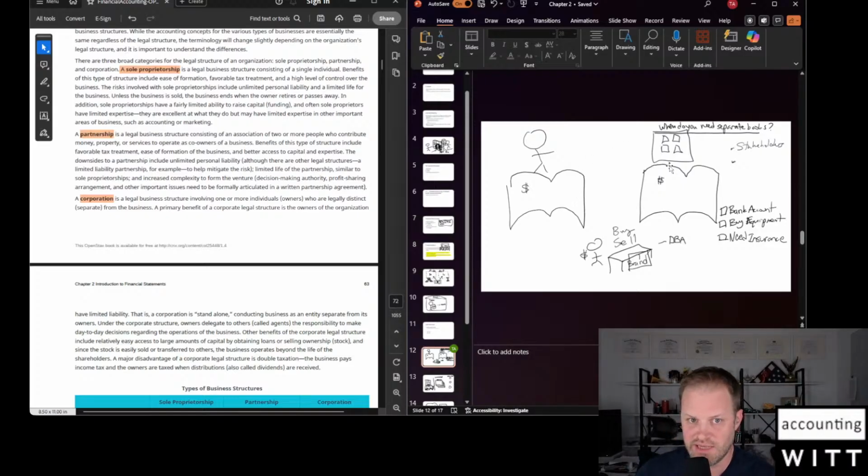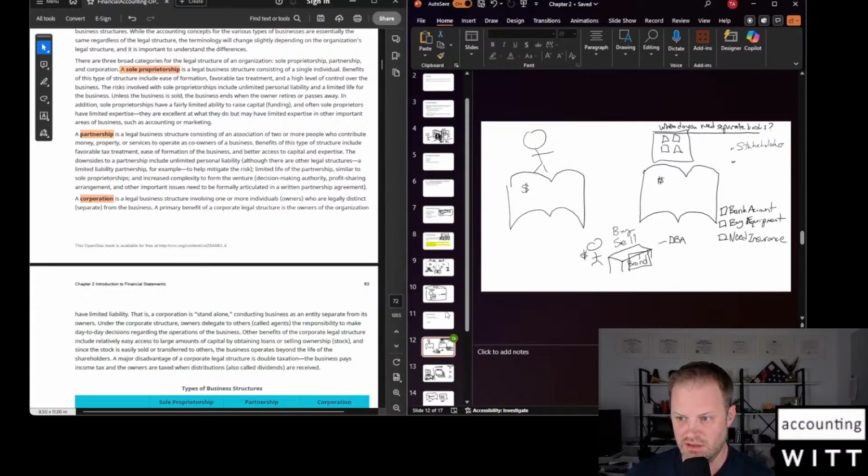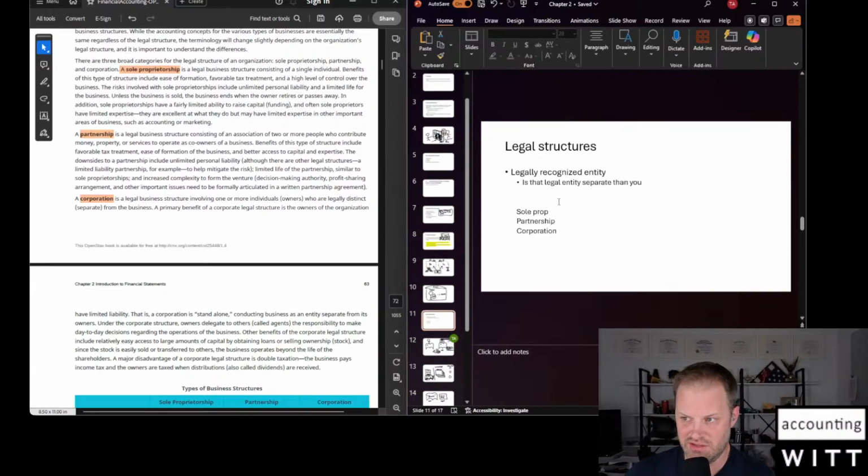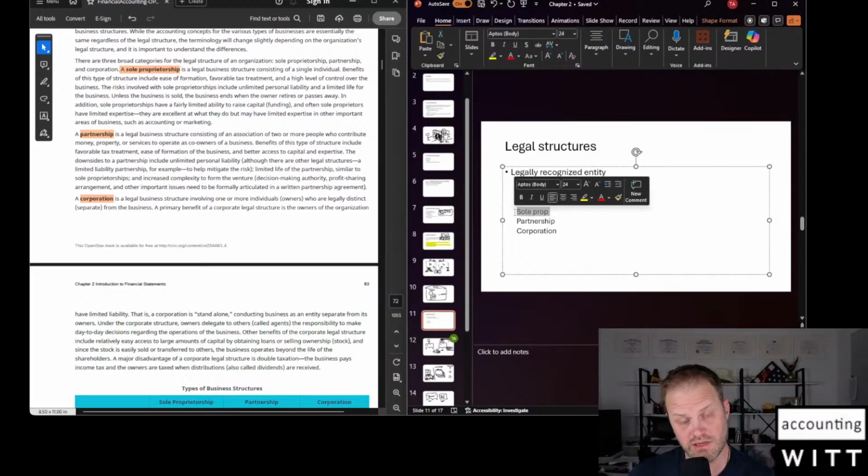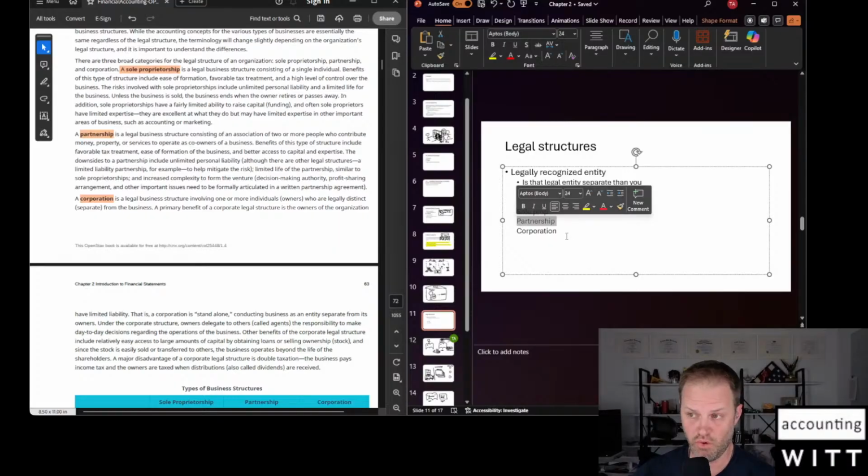Then you've got a separate set of books for the business. Now the question is, whose name is on those books? Whose name is on the bank account? Whose name is the legal owner of the equipment? Whose name is on the insurance policy? Well, it's going to be one of these types of entities. It's going to be the owner themselves. It's going to be more than one person together.